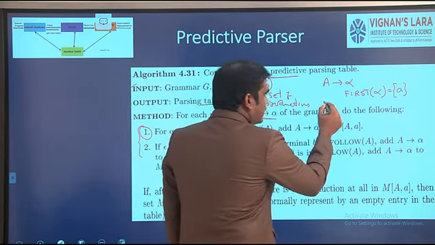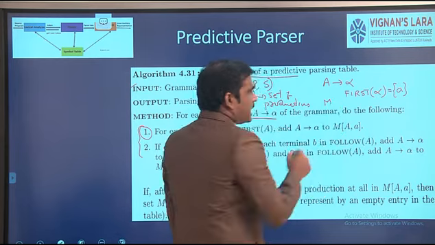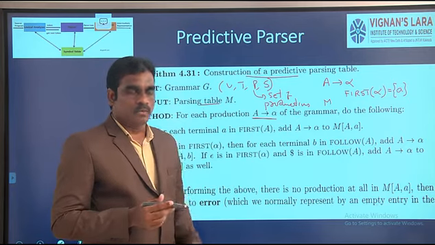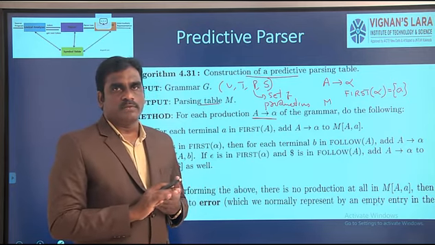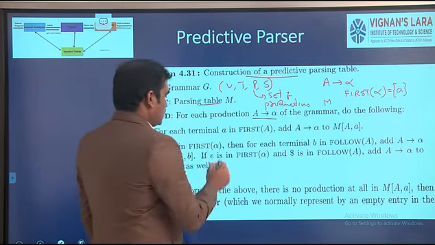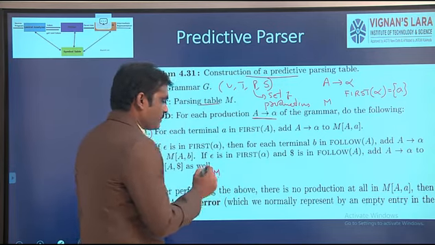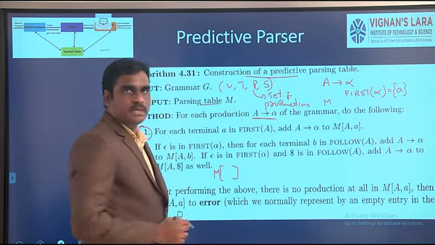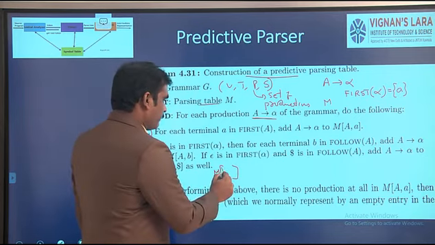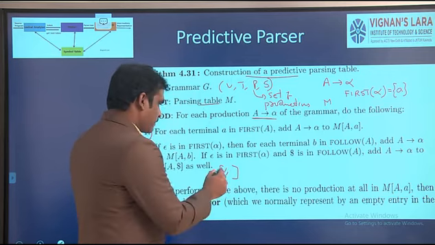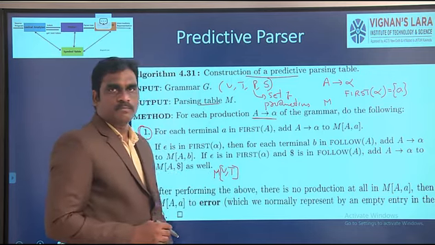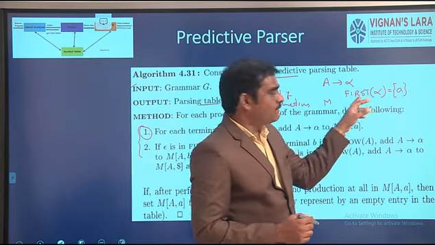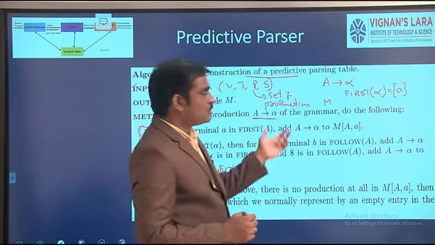Then we can add the entry. M is a table, the parsing table, and the table contains two parameters: one is non-terminal and the second one is terminal symbol. After getting the value of first of alpha, we can choose the entry.